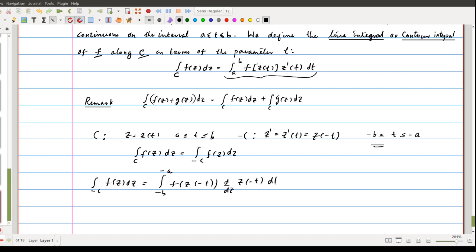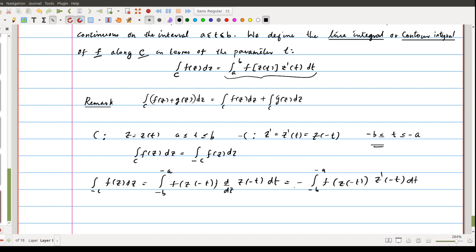When you simplify this using the properties of the definite integral, we get minus the integral from minus b to minus a of f of z of minus t times z dash of minus t. This minus sign is due to the derivative of z of minus t, which is z dash t dt with a minus sign, so it can be taken out.